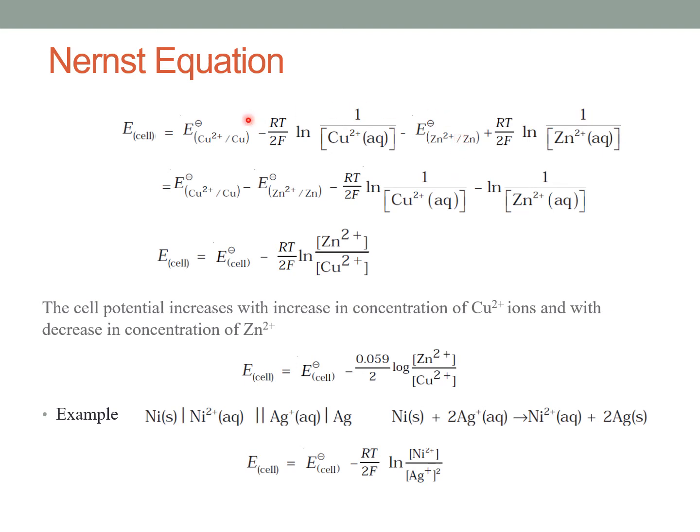Bring these two together, the standard potentials on one side: E of copper 2 plus/copper minus E of zinc 2 plus/zinc, minus RT by 2 of Ln 1 by copper 2 plus aqueous minus Ln 1 by zinc 2 plus aqueous.